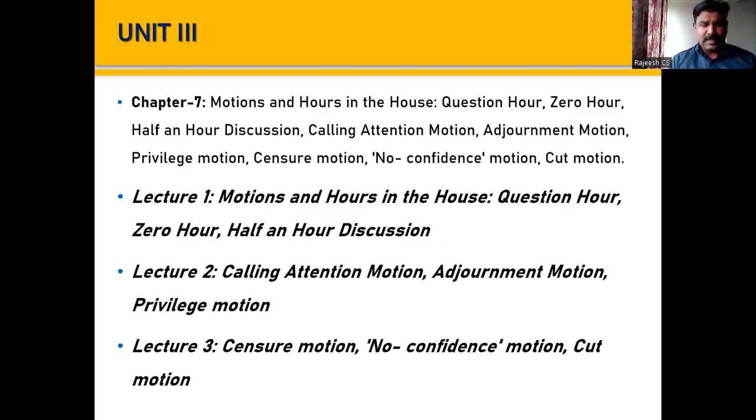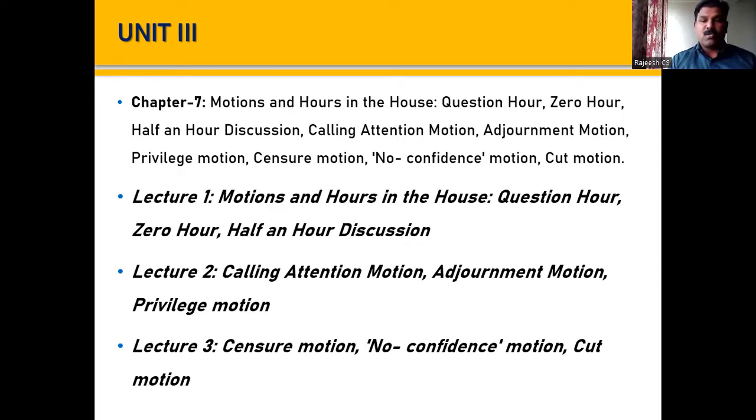Under Unit 3, our last unit, we have Chapter 7. Under Chapter 7, there are three major lectures. Lecture 1 covers motions and hours in the House, including question hour, zero hour, and half-an-hour discussion. Under Lecture 2, you have attention motions, including calling attention motion, adjournment motion, and privilege motion.